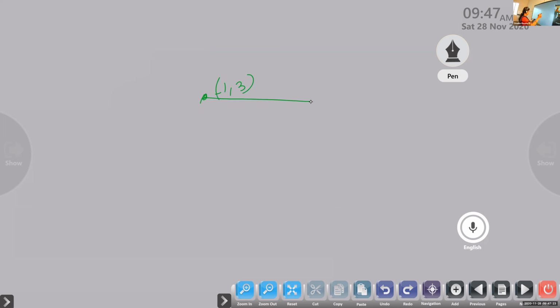We are drawing the perpendicular from this point to the line 3x minus 4y minus 16 is 0. So this equation is already given. What do you have to do? Suppose I name this point P. Suppose P is the foot of the perpendicular. Our aim is to find the foot of the perpendicular.